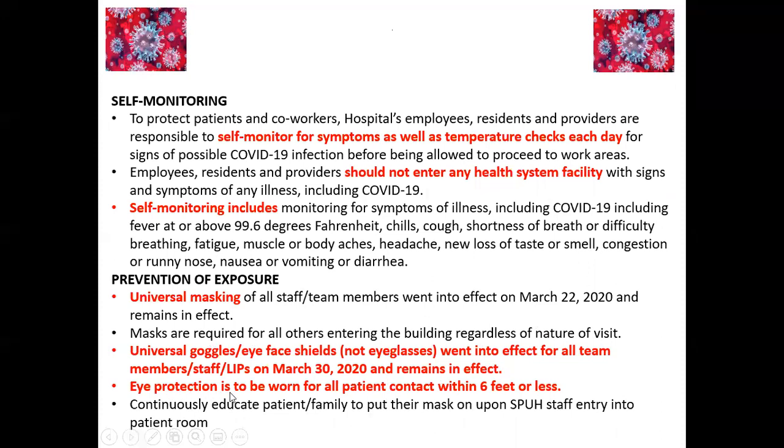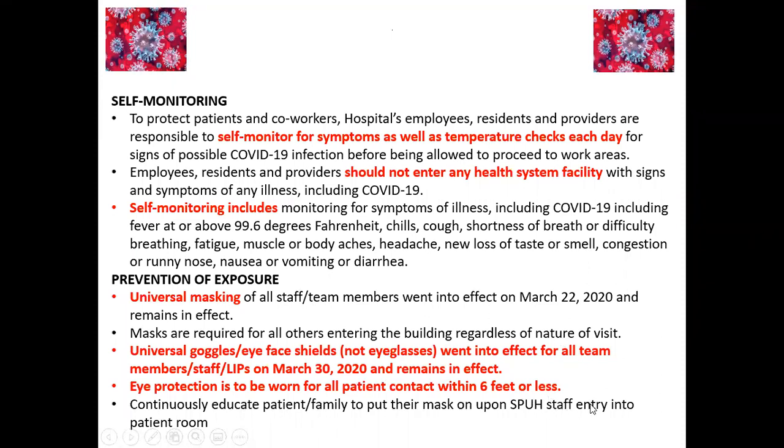Eye protection is to be worn for all patient contact within 6 feet or less. We also continuously educate the patient and family to put on their masks when they enter the hospital, agency, or institute.